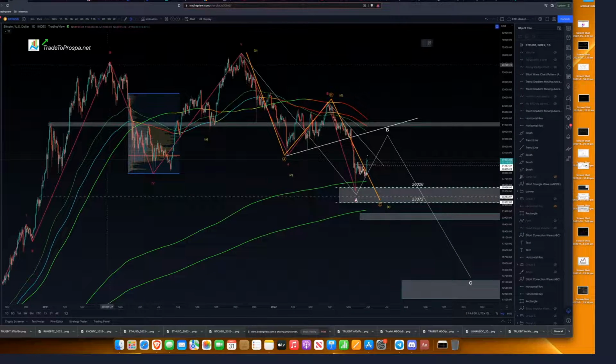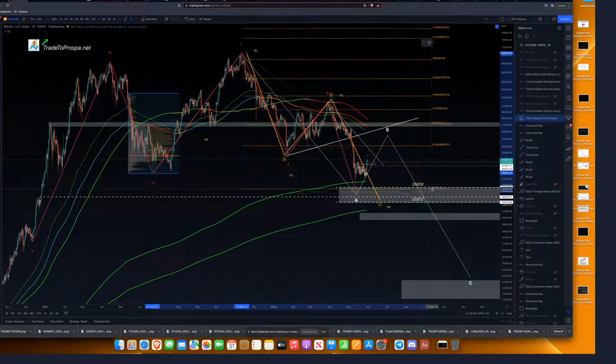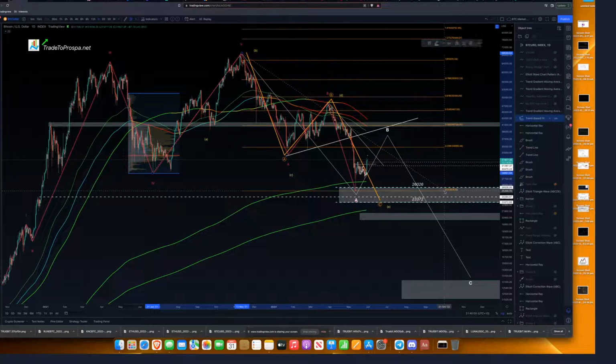And what we measure is from a swing low to a swing high to a swing low. And these are the macro targets. So first one is 34,800, like I showed you before. And then the macro with this trend line is going to be potential.